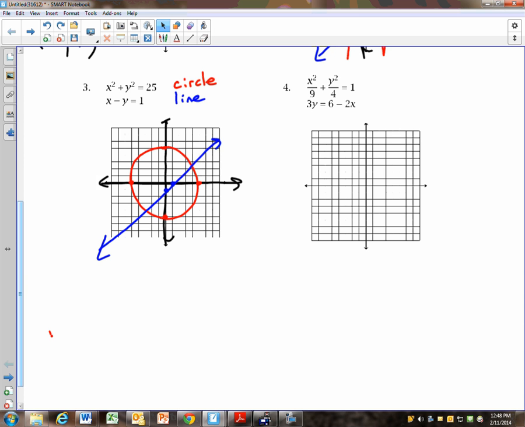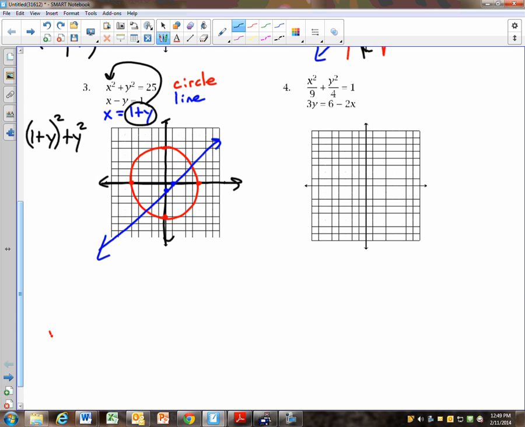Elimination or substitution? Substitution. I'll solve for x. x equals 1 plus y. Take 1 plus y, plug it in for my x. (1 plus y) squared plus y squared is 25. What is (1 plus y) squared?